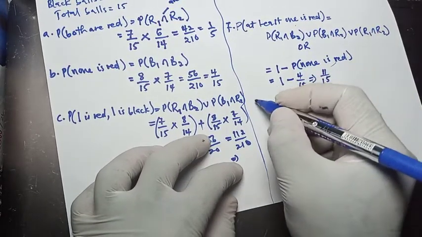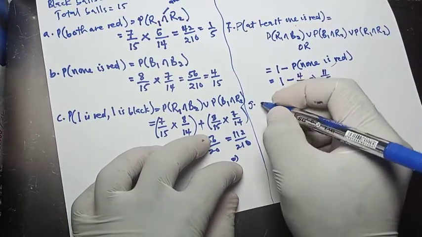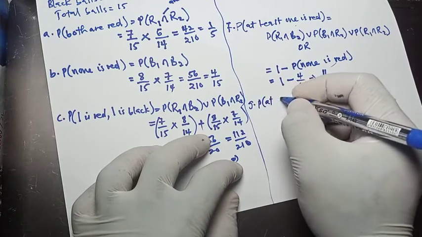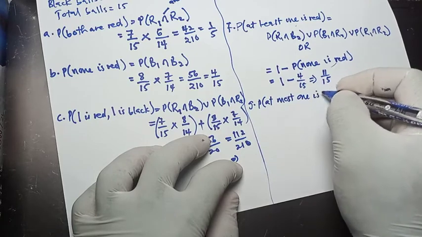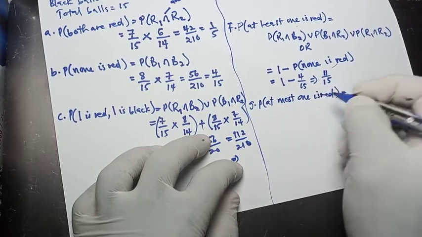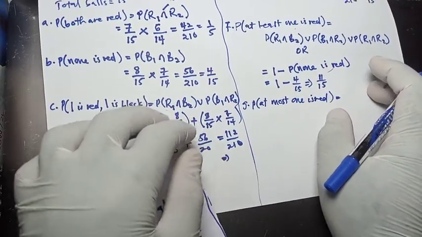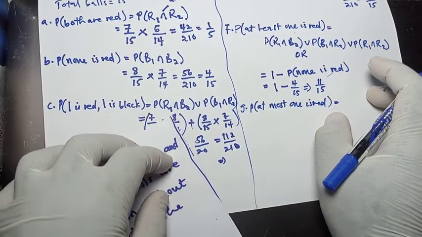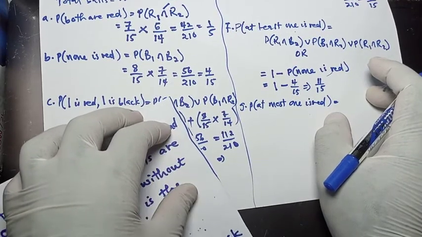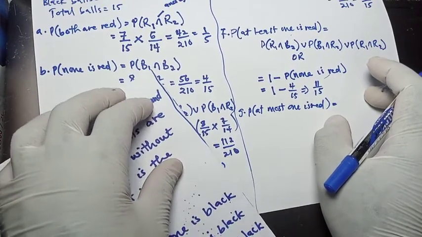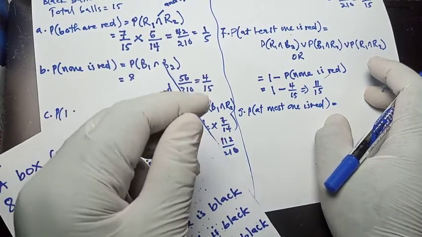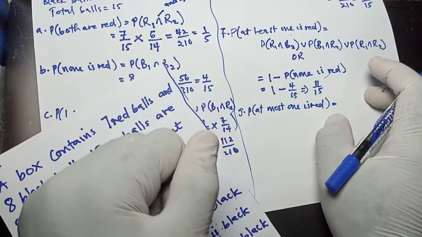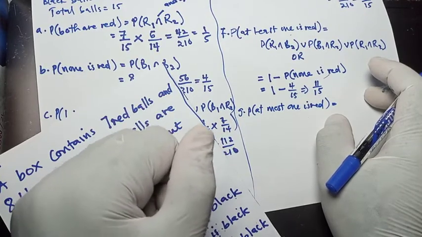Okay, now again, our last one will be the probability that we have at most 1 is red. And again, when we say at most 1 is red, it means that 1 red or what? Less. 1 red or less. Now the 1 red can be red coming first, black second, or black coming first, red second.